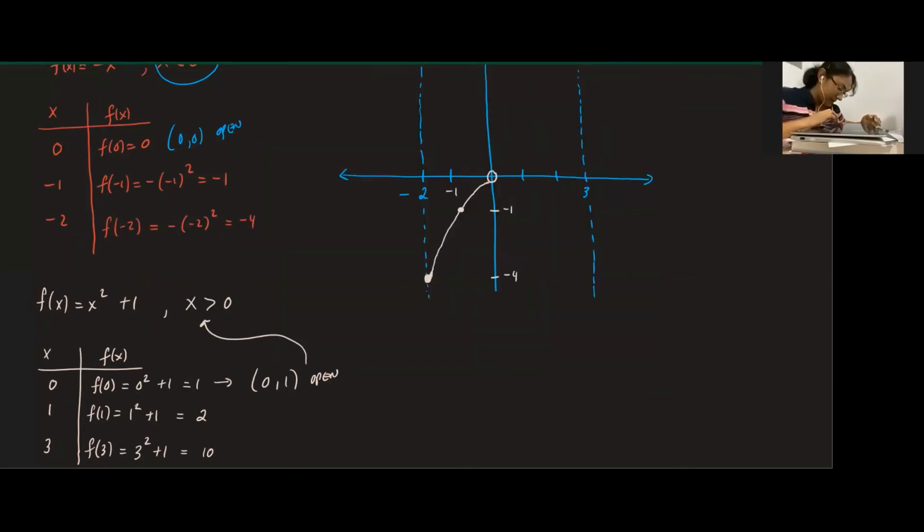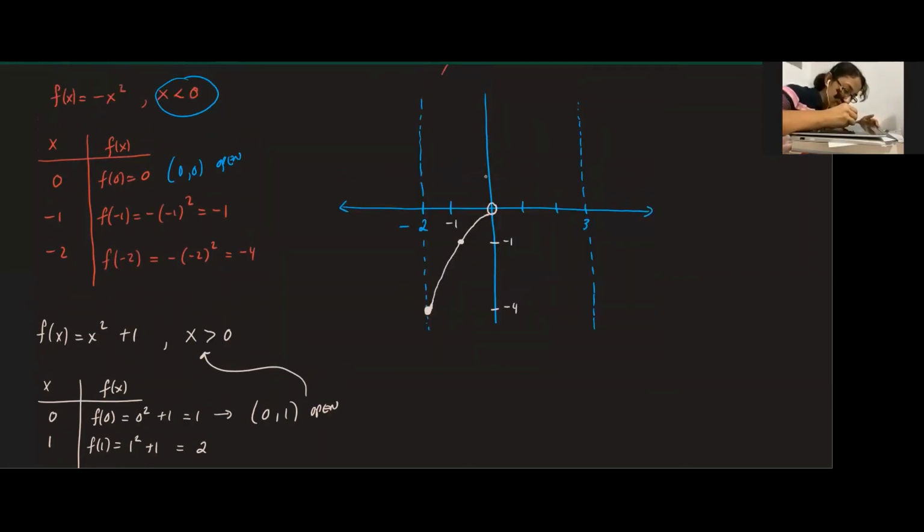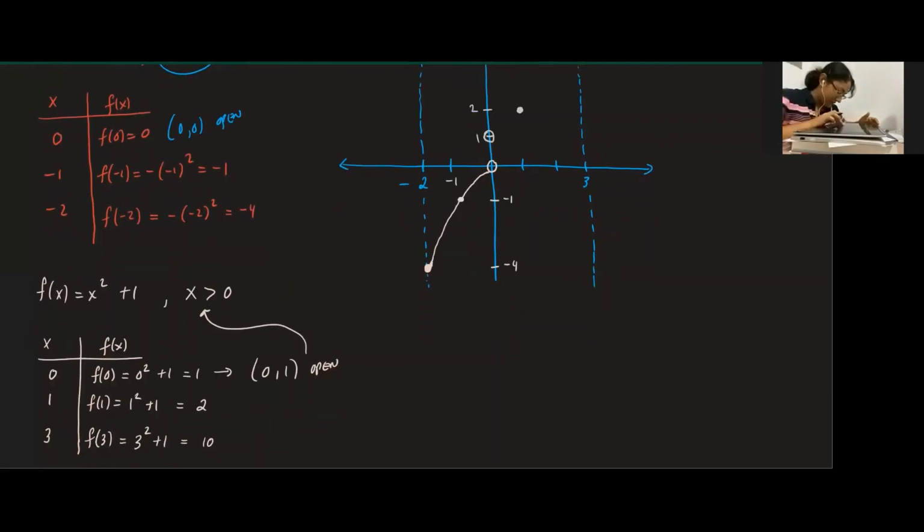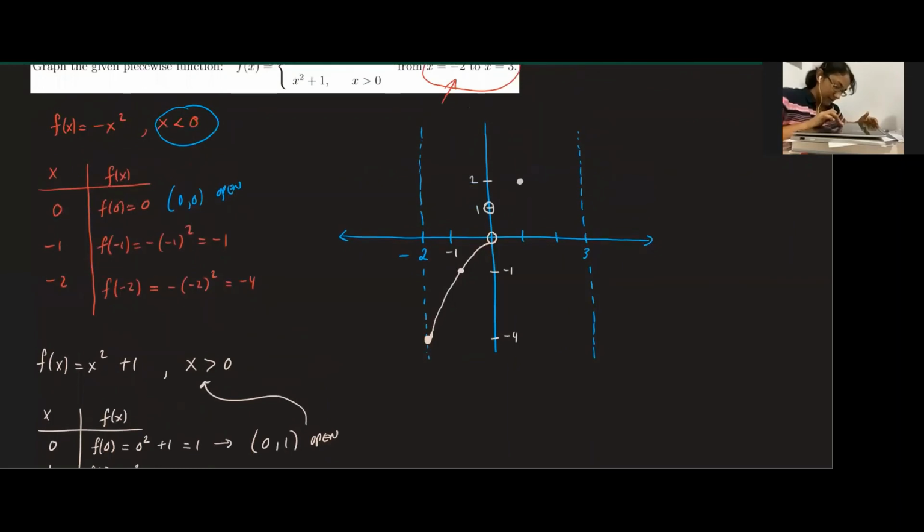So we plot 0, 1. So 0, 1, suppose it's right here. Again, this is going to be open. And then 1, 2, that's right here. And then we have the last point. So I didn't plot 2, but let's do 3. That gave us 10.